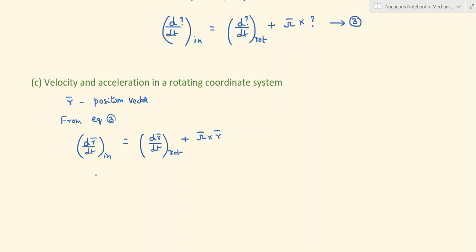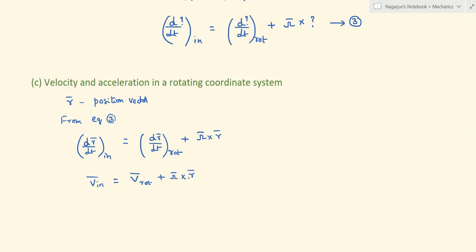Rate of change of position is velocity. So velocity with respect to inertial frame is equal to velocity with respect to the rotating frame of reference plus omega bar cross r bar. So this is how we express the velocity.